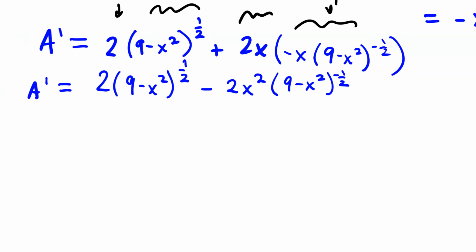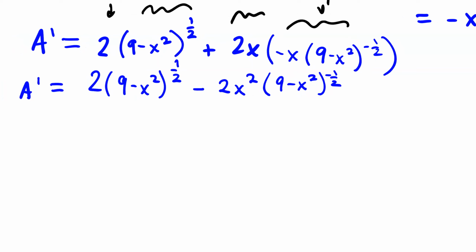Think about whether there's a common factor we can pull out. I showed you this trick in chapter 3. There's a 9 minus x squared, but one is to the 1/2 and the other is to the negative 1/2. They don't just cancel out.